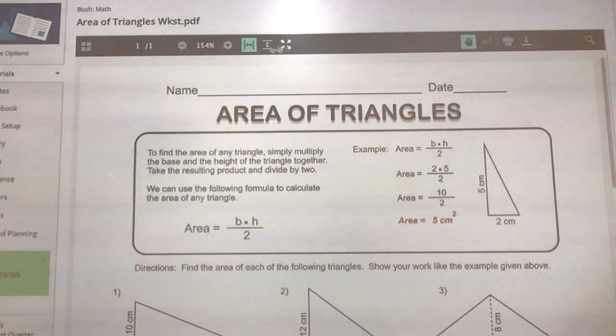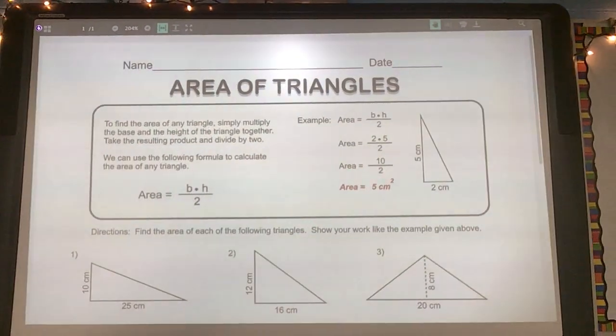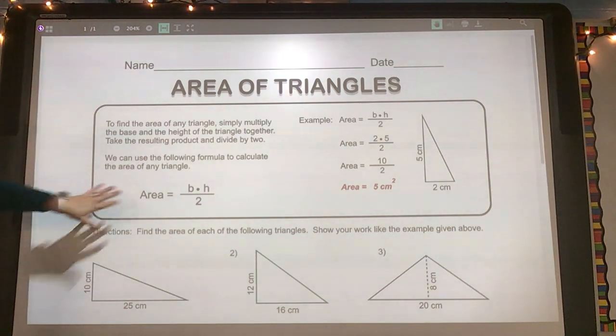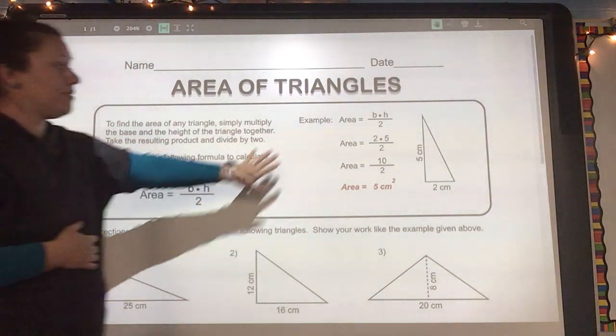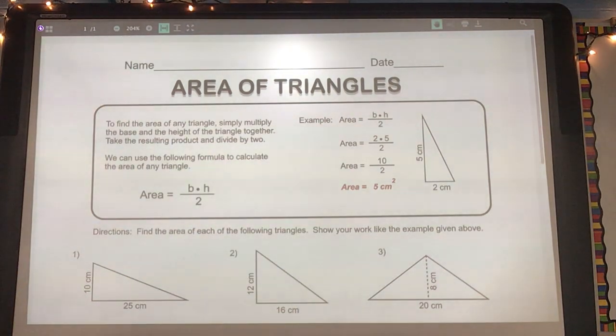Make it bigger here. There we go. It gives us a nice example at the top. It's telling us how to find the area of a triangle. It's giving us our formula and then our example over here. So ladies and gentlemen, while you're doing your practice or your homework, this would be a nice one to pull up later if you need to. All right, in your math notebook, number 1.